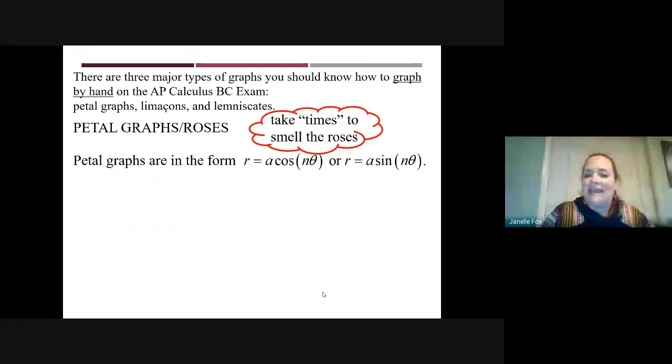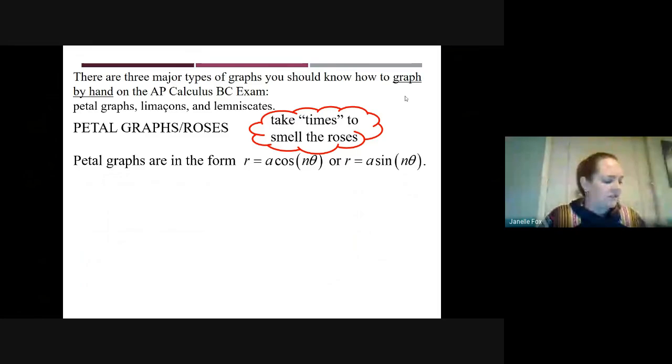So why did I say take times? It's because there are no plus signs or anything in these equations of r equals. Remember in polar, your 2 variables are a radius and a theta. And so our equations are always r equals and then something with theta.